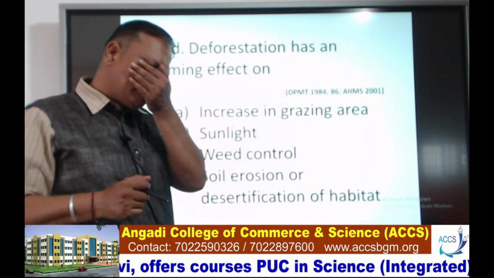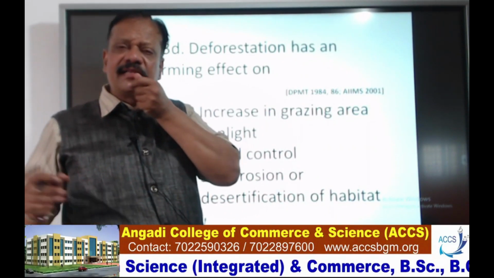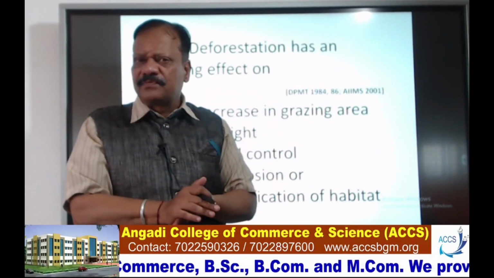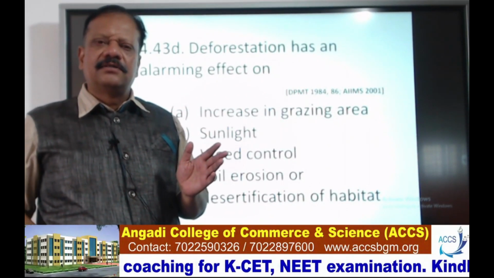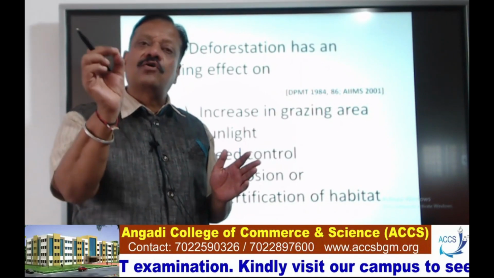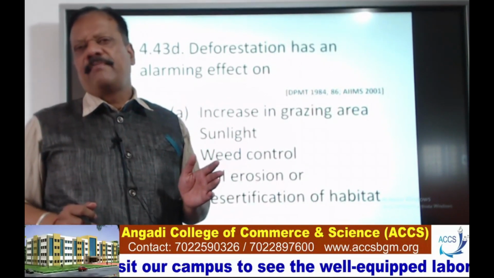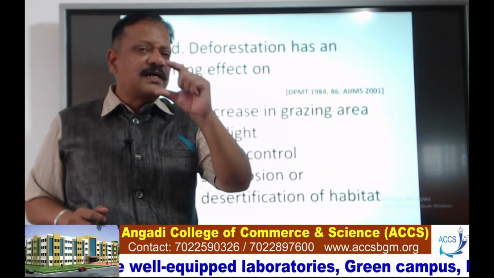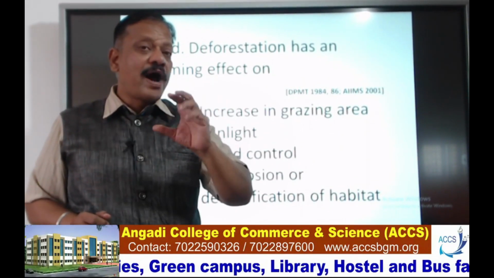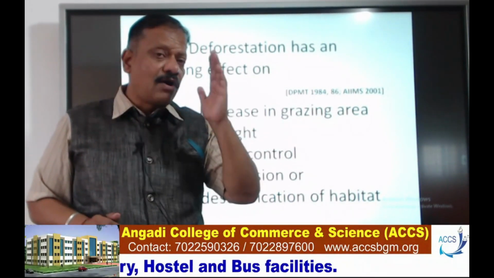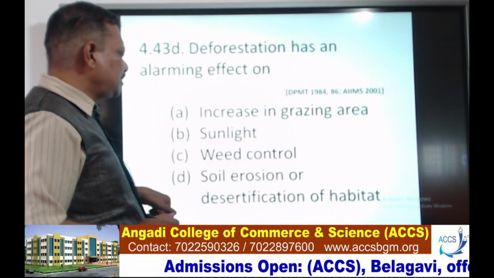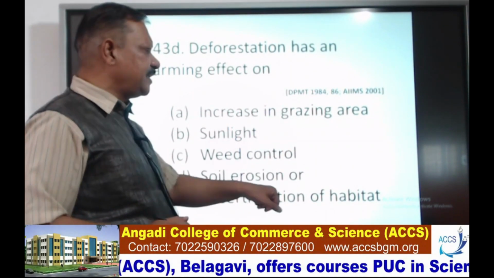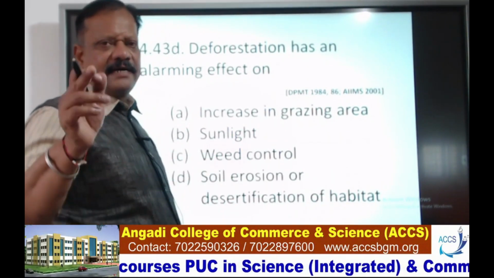Just now I told, in soil erosion, the top fertile soil goes off. Once the fertile soil goes off, other plants cannot grow in that area, because to produce fertile soil, it requires millions and millions of years. So as a result, here option D, soil erosion or desertification of habitat, is the right one. Next.